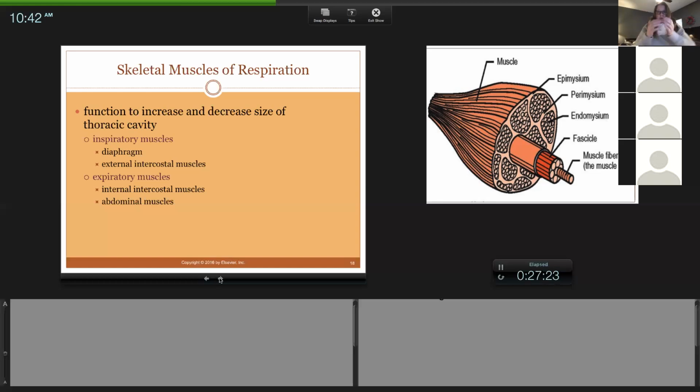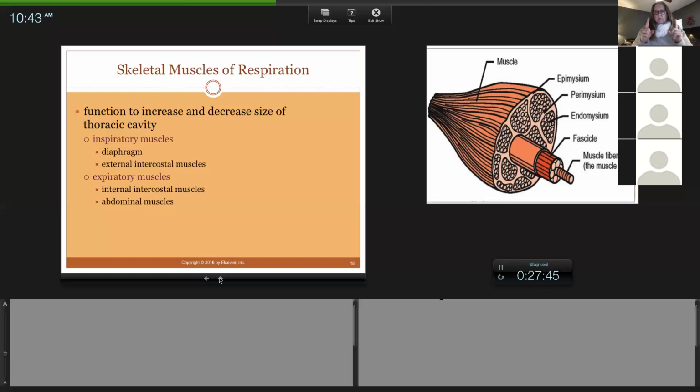When they do, the lungs are kind of chilling inside and they go, oh, I can stretch. And when your lungs expand with the thorax, that's how air is pulled in. The act of inhalation within the lungs is passive. It is not active. Contraction of the thorax is active, okay?